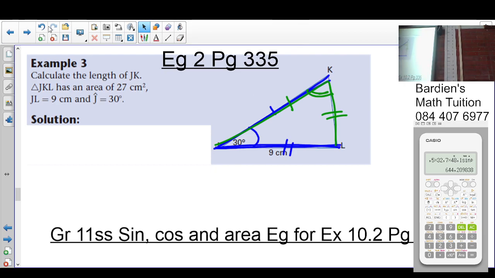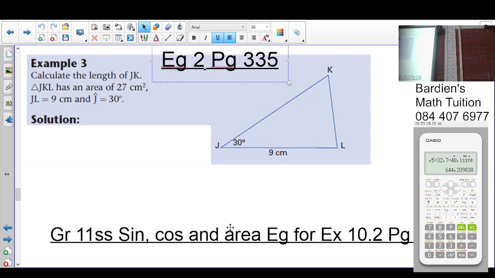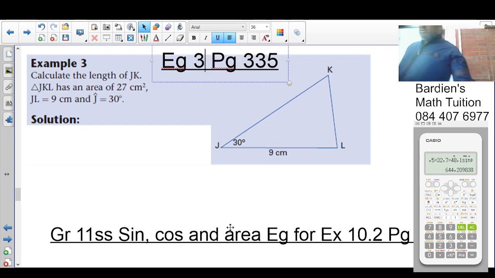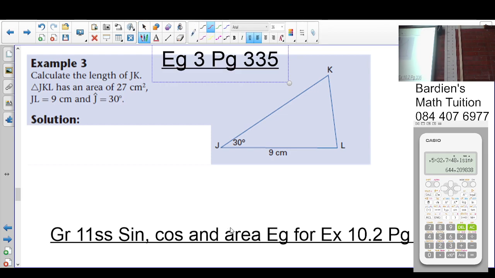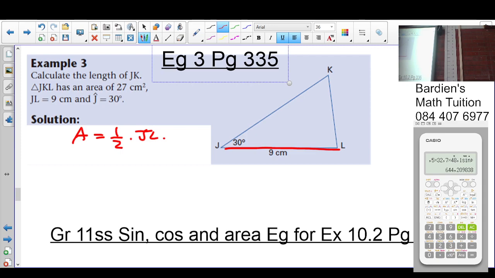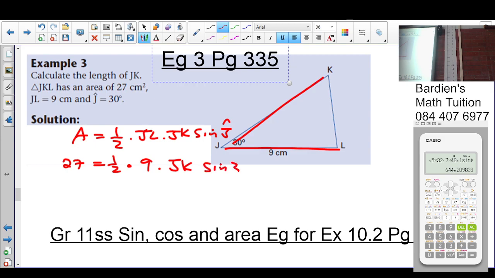When we're doing the area, we need to know two lengths and an included angle. Is that the case here? Yes, because they want us to calculate JK. We have JL and we have the angle J. So the area of the triangle is half JL times JK sine of angle J. So 27 is equal to half times 9 times JK times sine of 30 degrees.